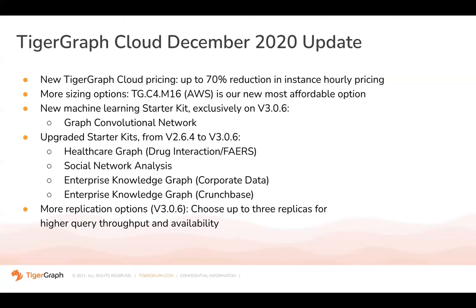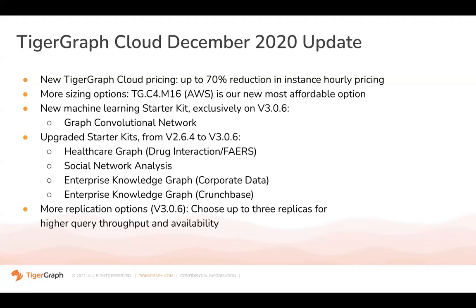So in last December, we included the following changes. The biggest change is from the business side: we actually provided new TigerGraph Cloud pricing. If you have a comparison, some of this pricing reduction on the instance hourly pricing is up to even 70%.